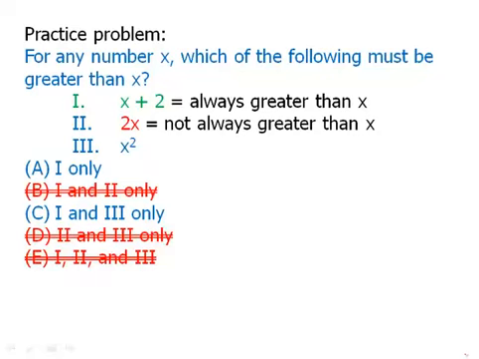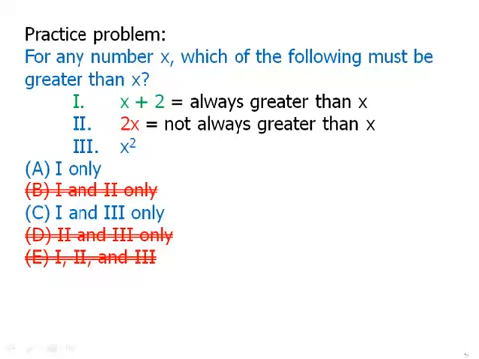Well, first of all, notice that there are a couple numbers, 1 and 0. If we square 1, we get 1. If we square 0, we get 0. Well, that's not an inequality. That's an equality. 1 squared equals 1. It's not greater than 1. And also, think about the decimals between 1 and 0.